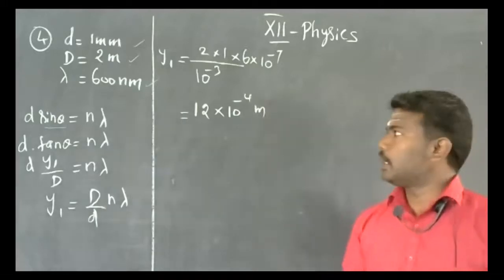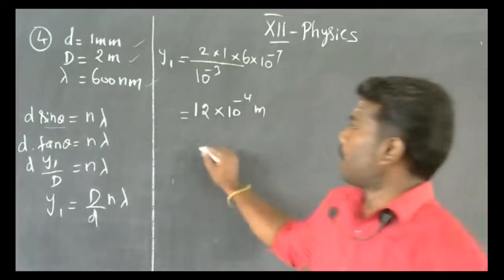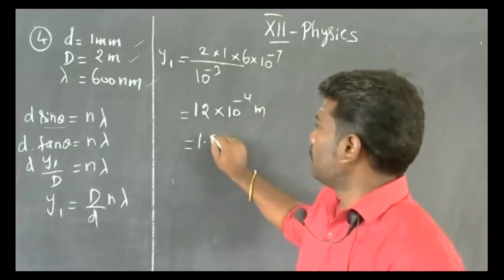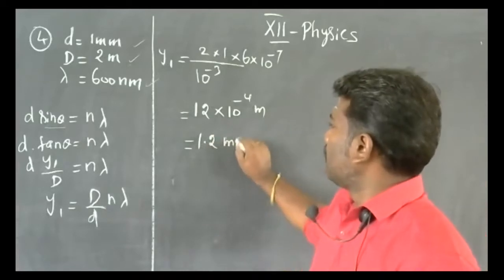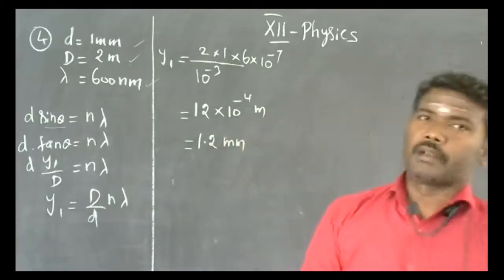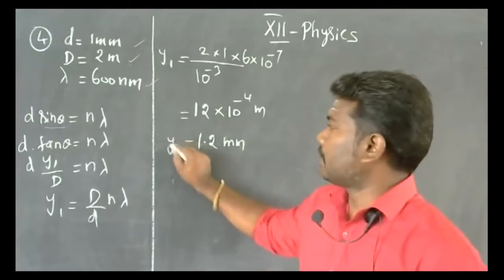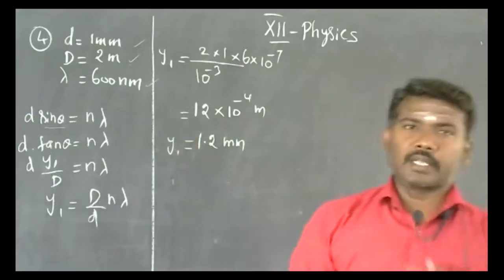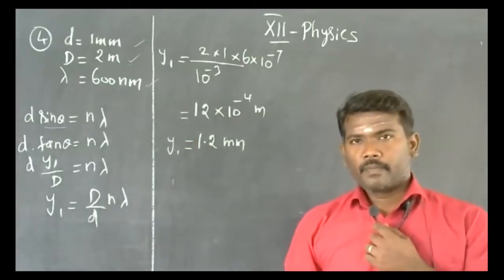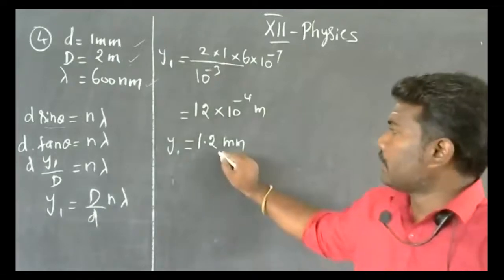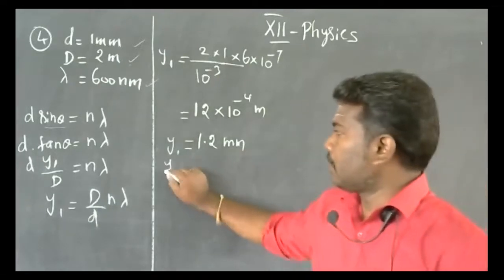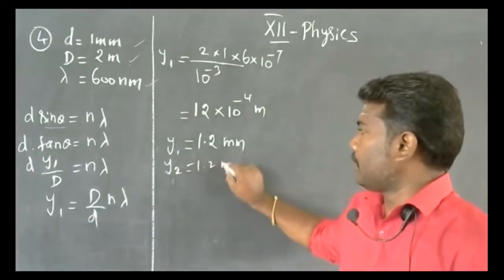Otherwise, we can write the y1 value as 1.2 millimeter. The first dark fringe appears 1.2 millimeter from the center maximum, and the y2 value is also 1.2 millimeter.